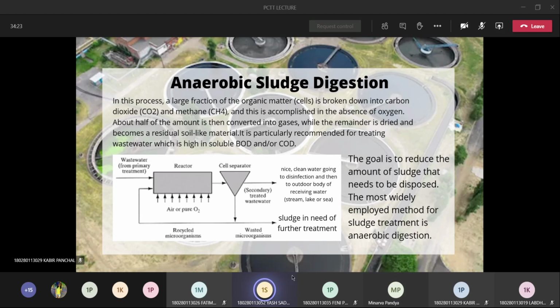This process is generally recommended for treating wastewater with high strength, that means which has high value of BOD or COD. The figure shows the generation of sludge from the primary and secondary treatment of wastewater. And anaerobic digestion is the most widely employed method for sludge treatment.